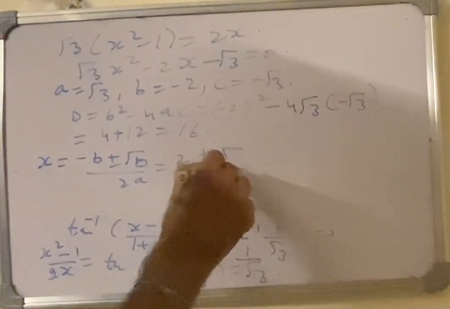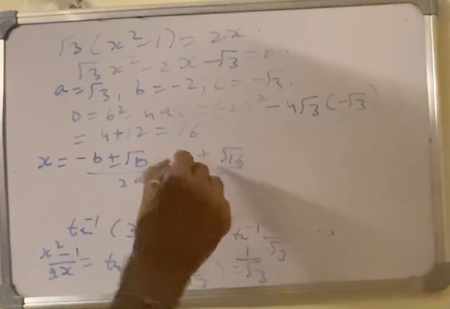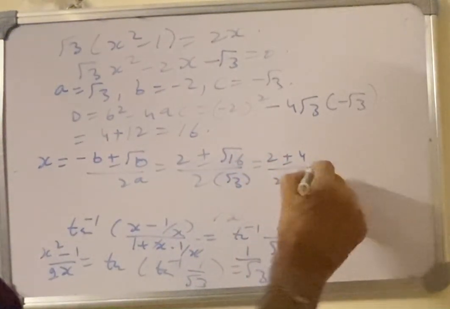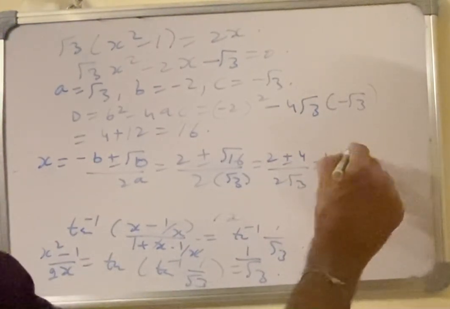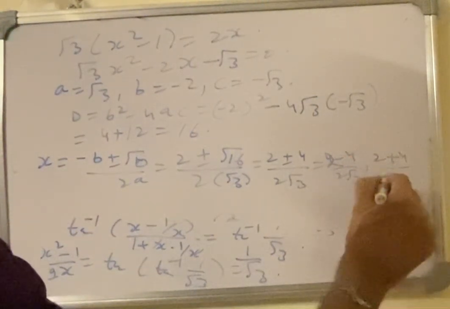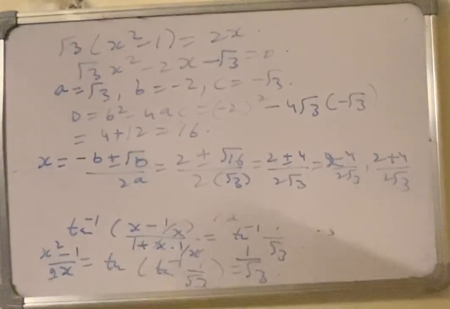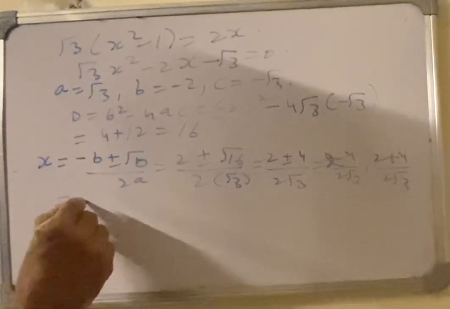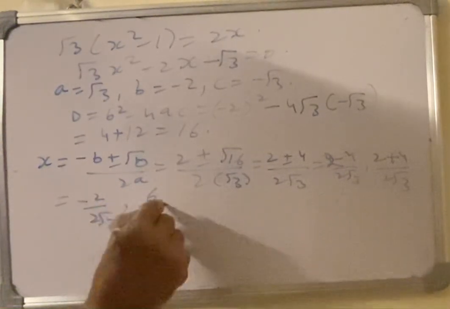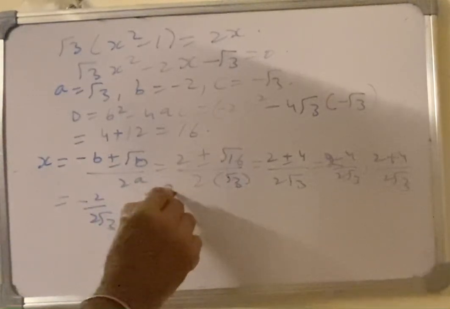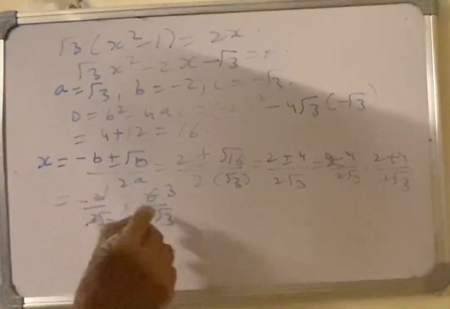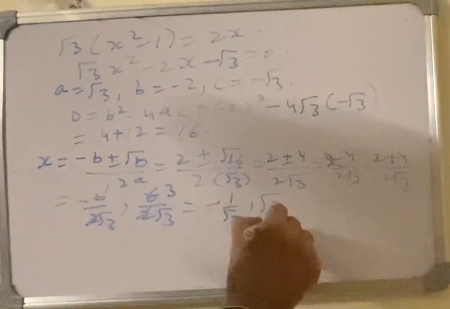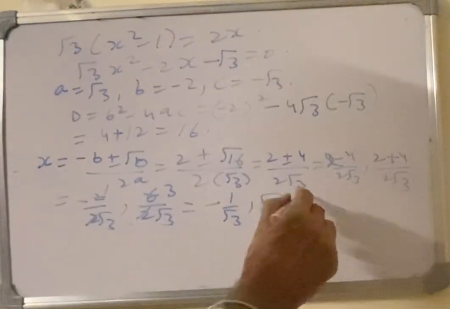It is 2 plus minus square root 16 over 2 square root 3, is equal to 2 plus minus 4 over 2 square root 3, that is 2 minus 4 over 2 square root 3, comma 2 plus 4 over 2 square root 3, which is equal to minus 2 over 2 square root 3, comma 6 over 2 square root 3, which is minus 1 over square root 3 and square root 3. So these are the values of x.